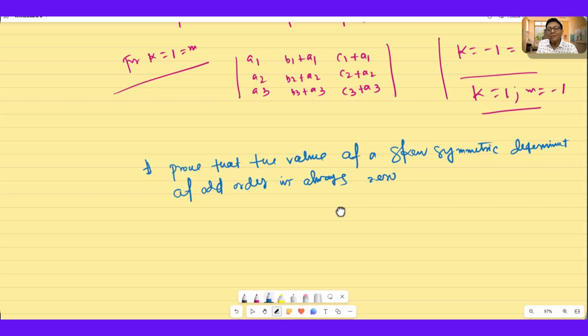Prove that the value of a skew symmetric determinant of odd order is always 0.